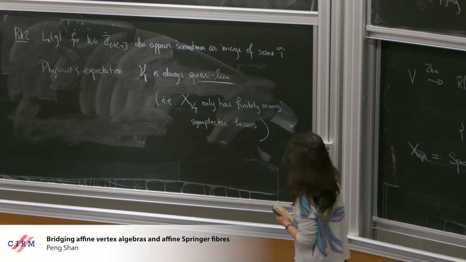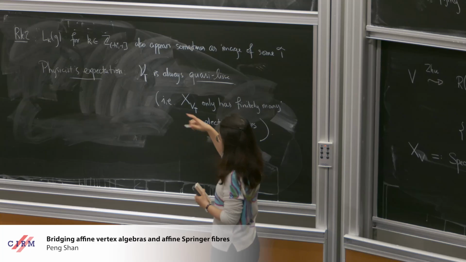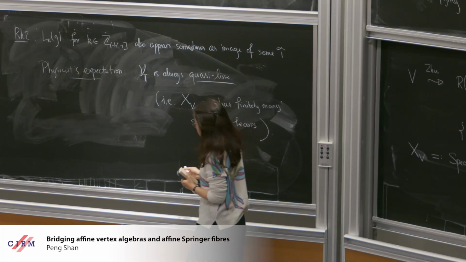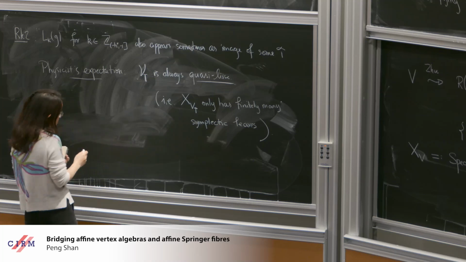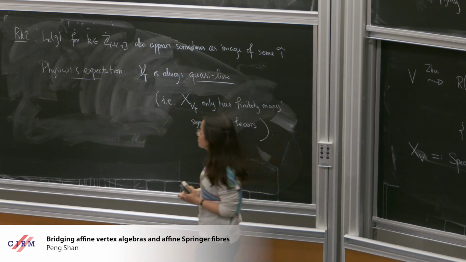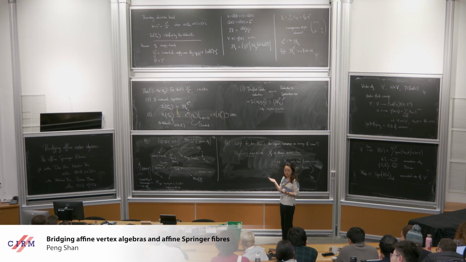Okay. So if we're concerned about L_kG, you can first ask for which k this L_kG is quasi-lisse. And it's very easy to see it's not true for all k, because if k plus h check is not a positive rational number, then L_kG is just the entire V_kG, and so its associated variety is G dual, and that has infinitely many symplectic leaves.